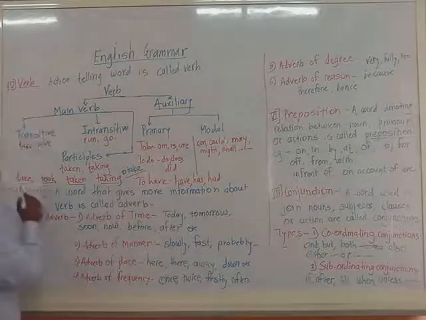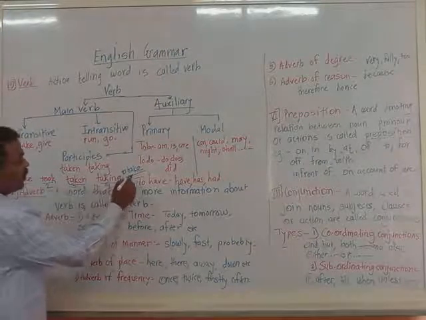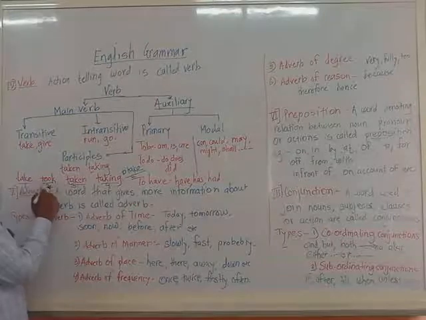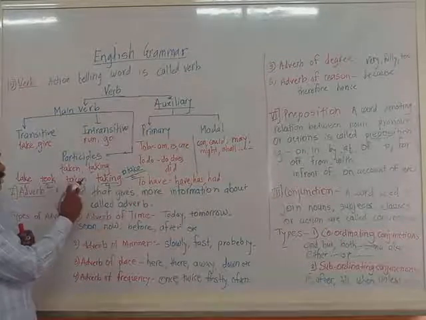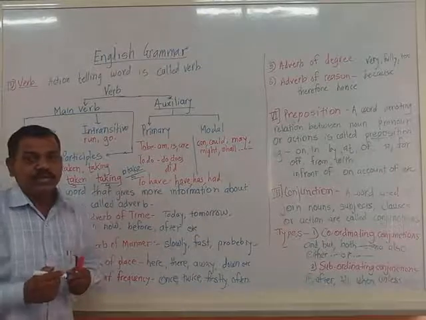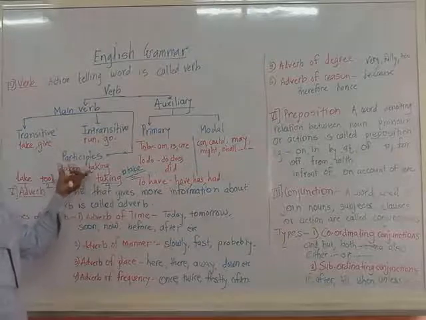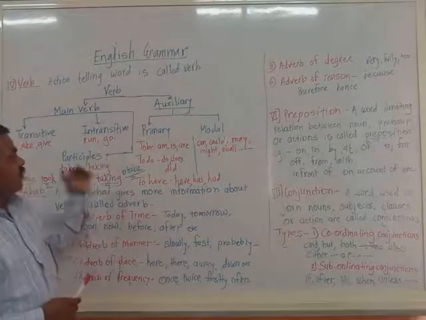So notice this: first, second, third, fourth, and fifth. Present tense, past tense, past participle, present participle, and infinitive. These are the five forms. Out of these five forms, I have given you here the participles. So this is about the main verb.